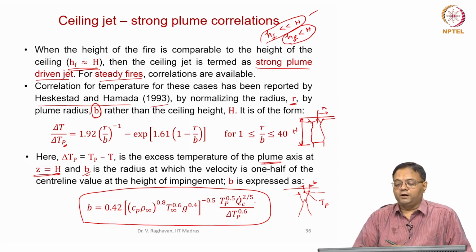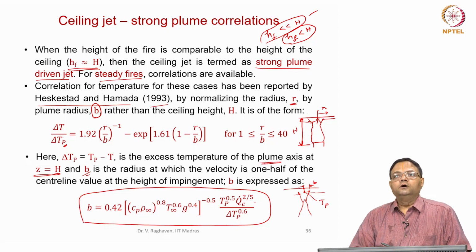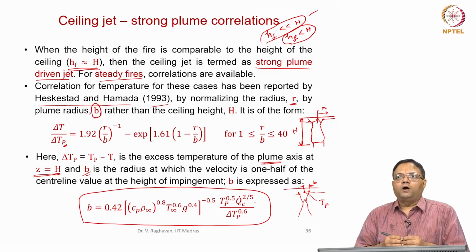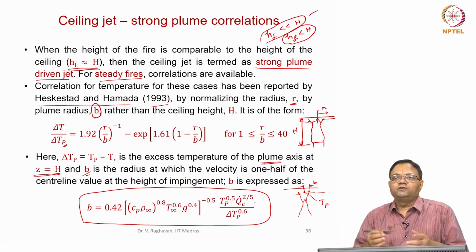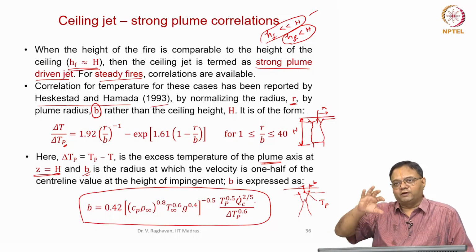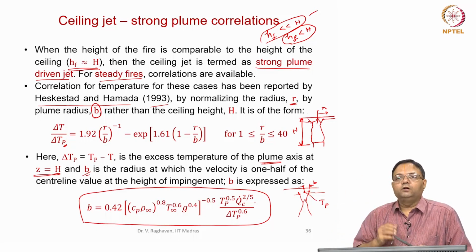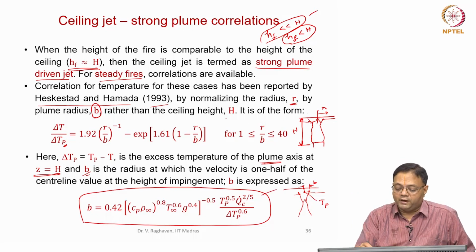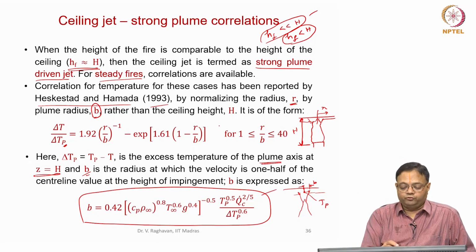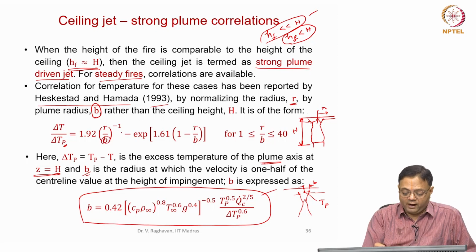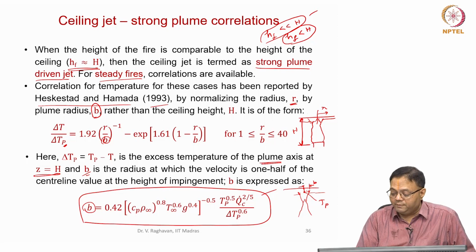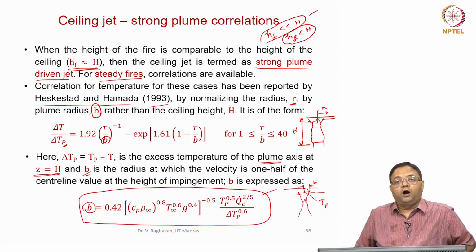So it is very, very complicated. In a strong plume, there is nothing called a defined plume or a separate ceiling jet, or plume converting to ceiling jet. That particular sequence is not well defined. So you can see it is complicated: the introduction of B, and the expression for B again involving the plume temperature at the impingement point, etc.